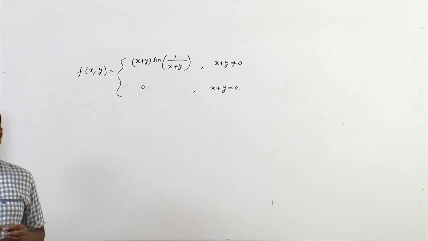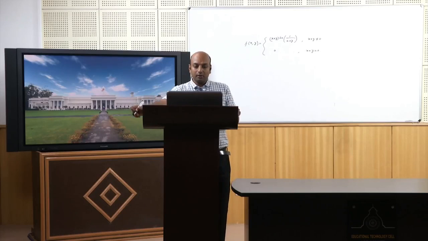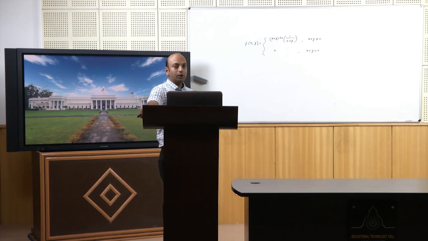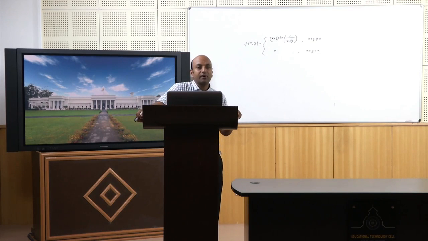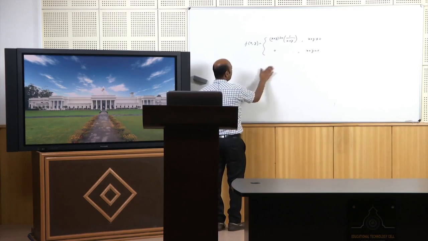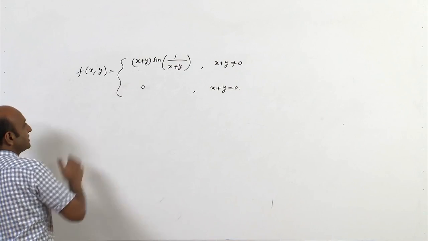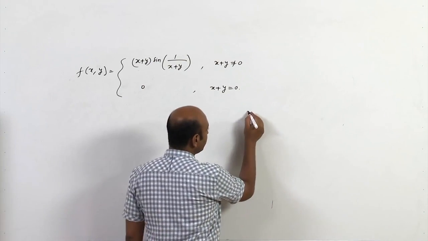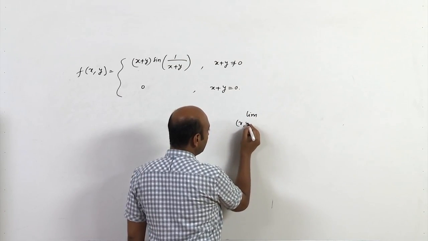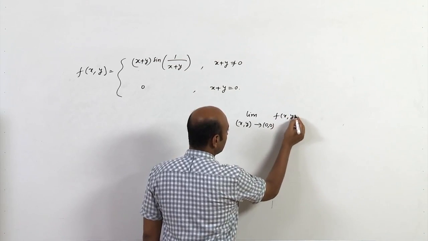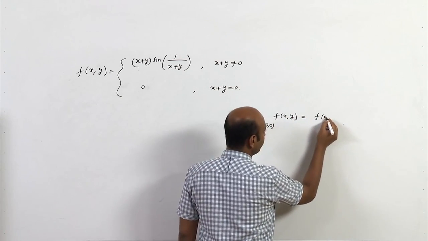Now, first we will see that if a function is continuous at a point, then its partial derivatives may not exist at that point. This is an example which is continuous at the point (0,0), but the partial derivatives fx and fy do not exist at that point. For continuity, what do we have to show? If we are saying that this function is continuous at the origin, we have to prove that the limit as (x,y) tends to (0,0) of f(x,y) equals f(0,0).